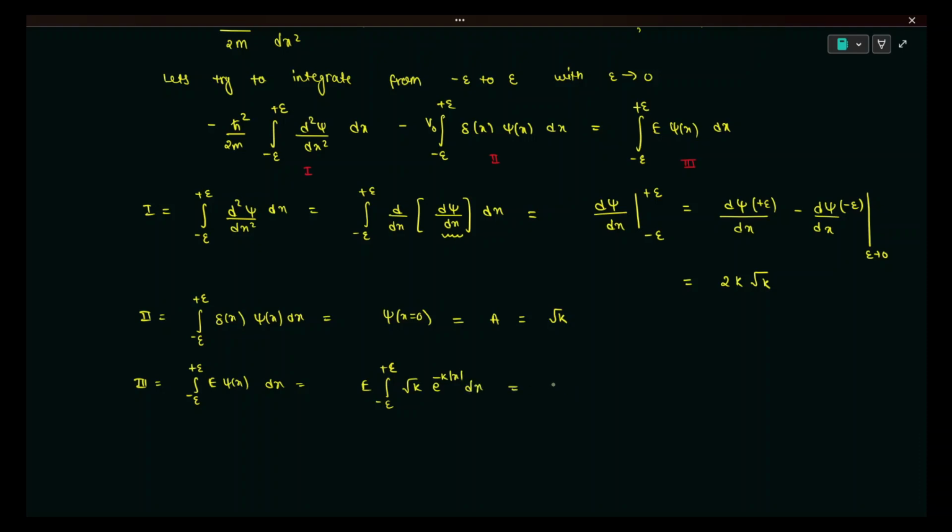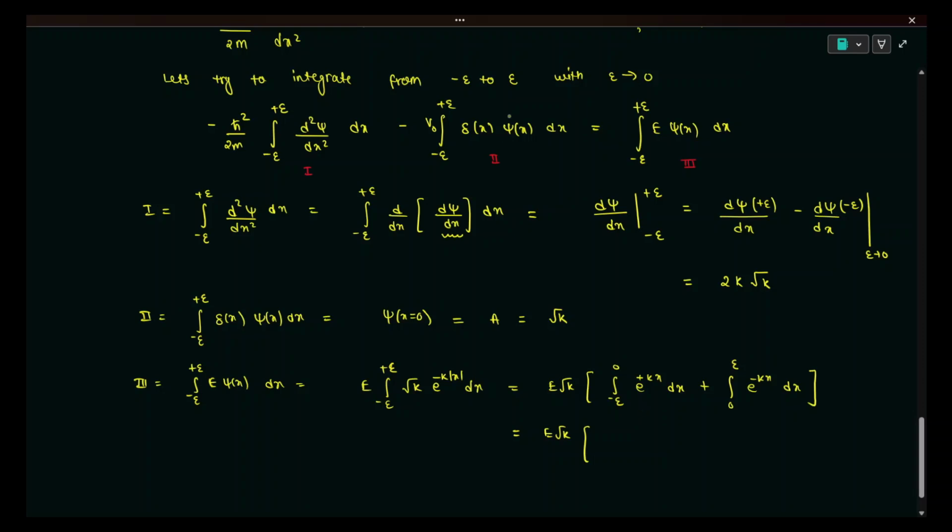So I can write this separately in two limits: from minus epsilon to 0 e raised to power plus kx dx, plus from 0 to epsilon e raised to power minus kx dx, so this will become E under root of k.